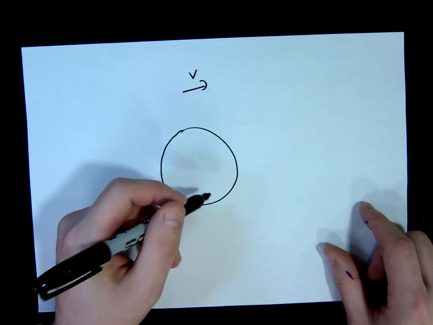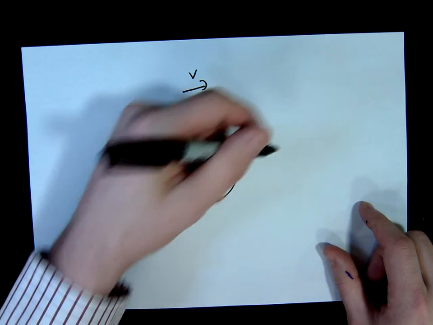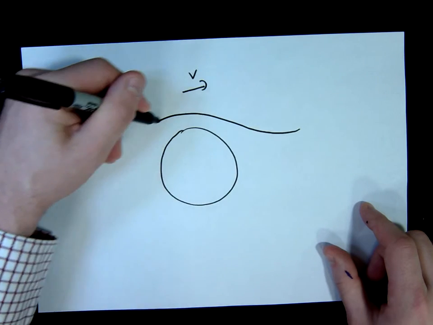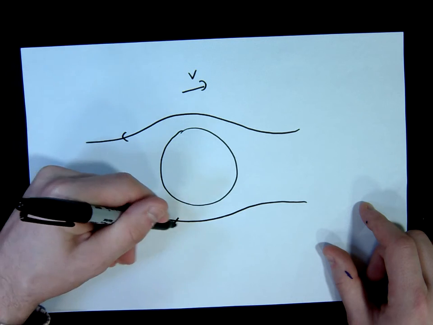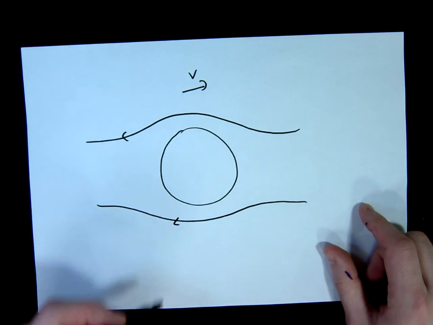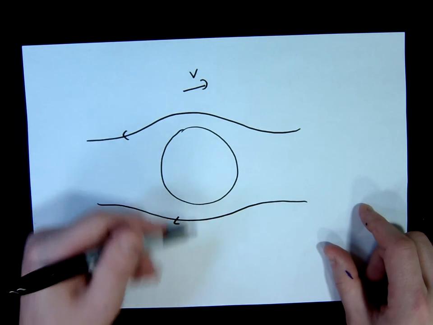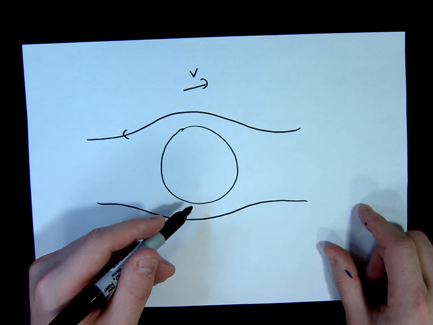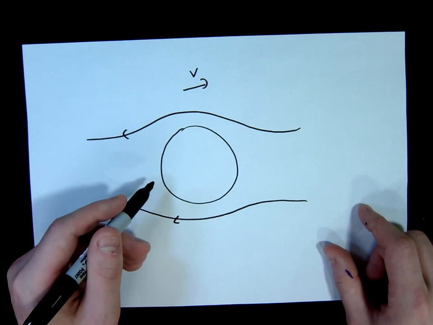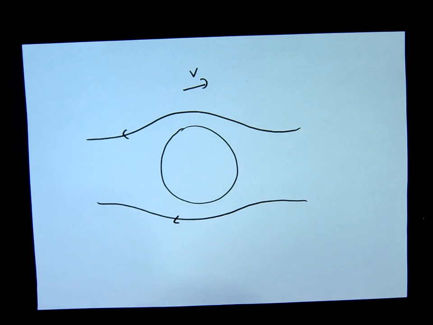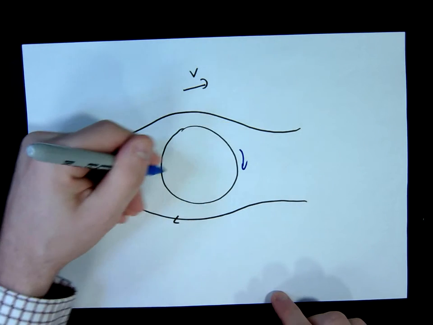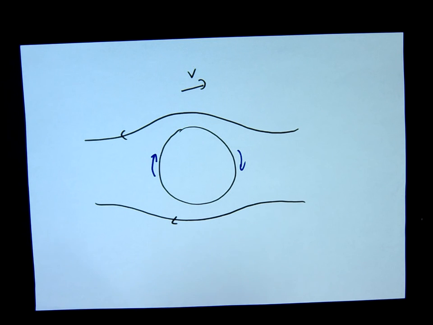As the ball moves that way, air currents are going to be moving along it in this direction. If the ball wasn't spinning, not much would happen, but if we put spin on the ball, in the downward direction, it's spinning this way.